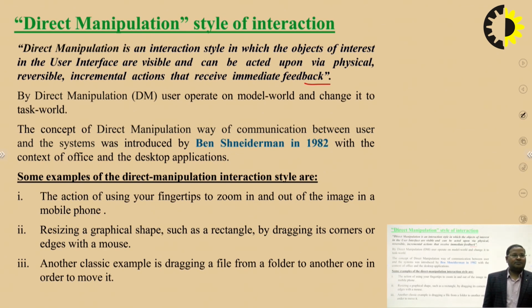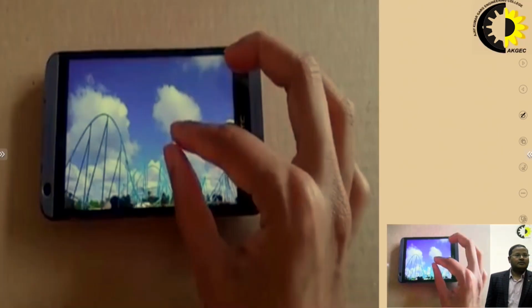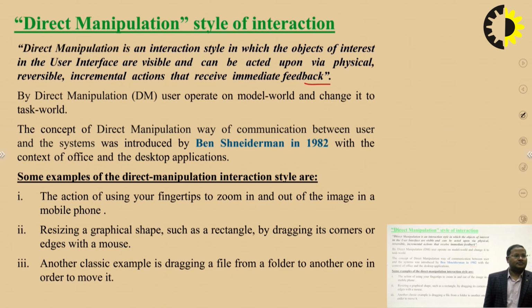Some famous examples of the direct manipulation interaction style are using your fingertips to zoom in and zoom out of an image on a mobile phone. Here on this mobile phone, I am doing the process of zoom in and zoom out, and this is an example of direct manipulation.